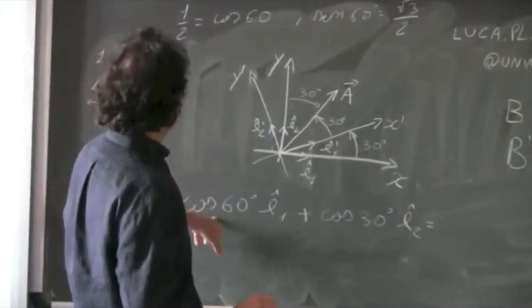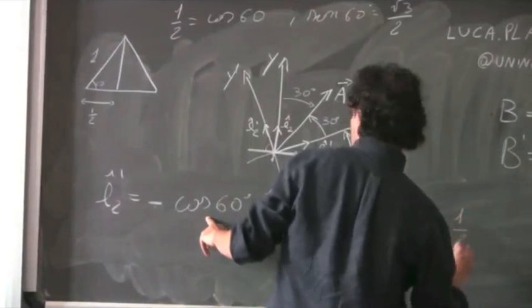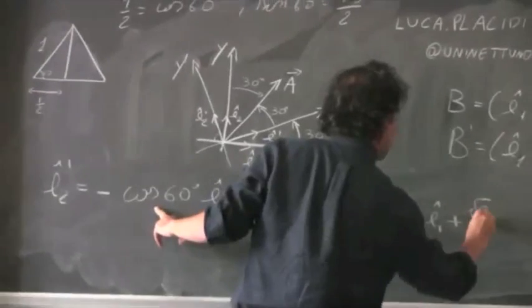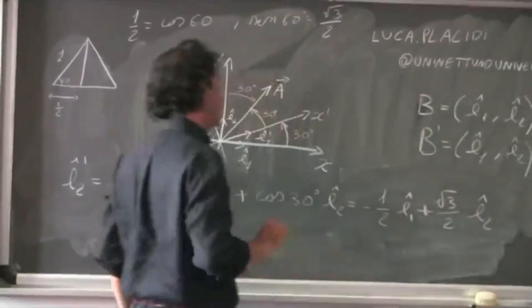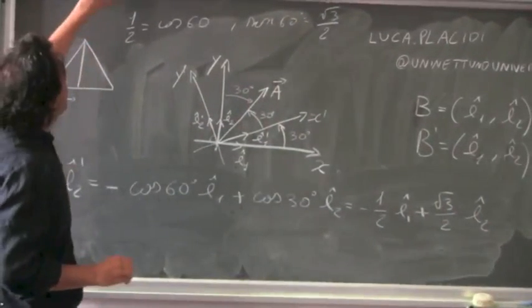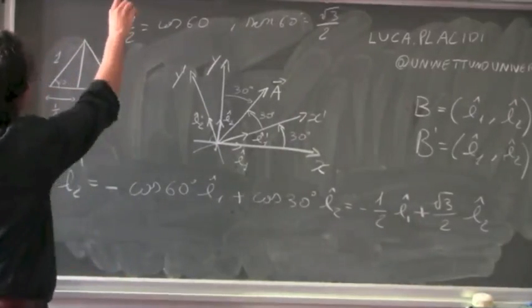Cosinus of 60 is 1/2, so this is minus 1/2 E1 plus square root of 3 over 2 E2. This is E2 prime.